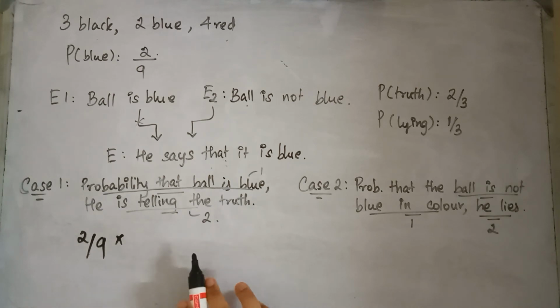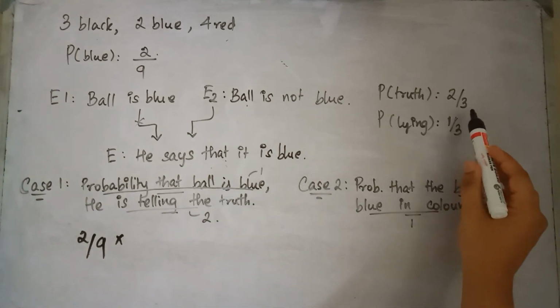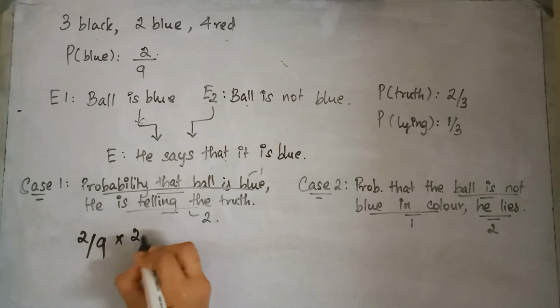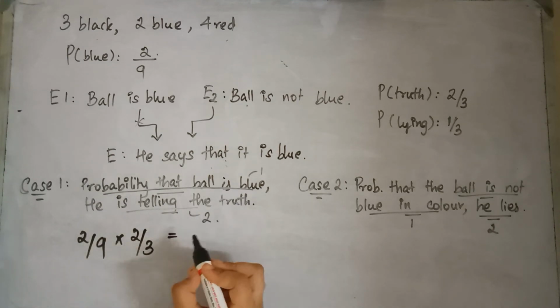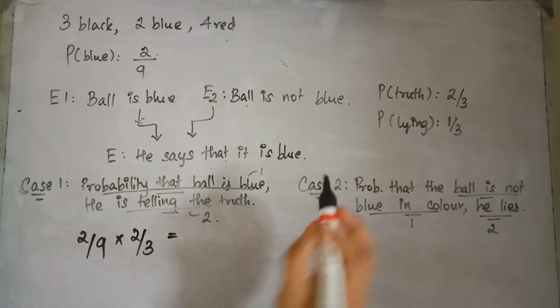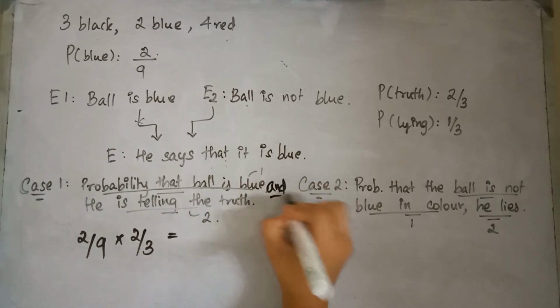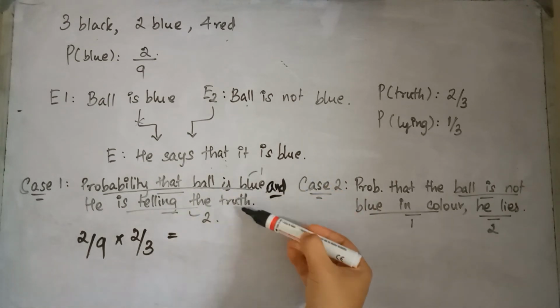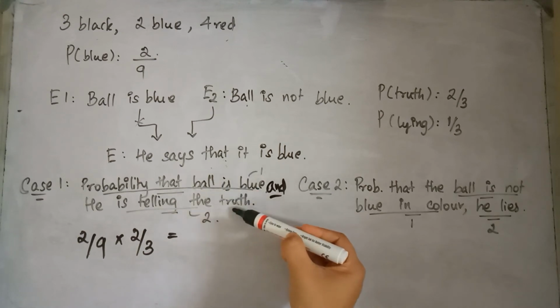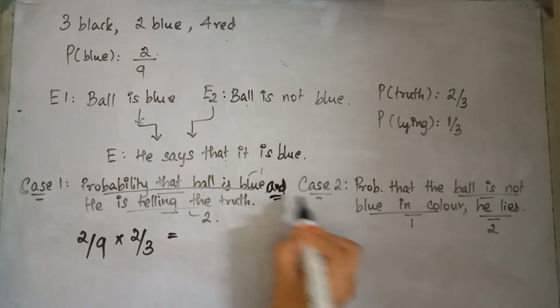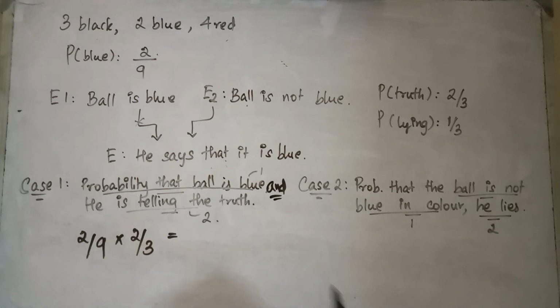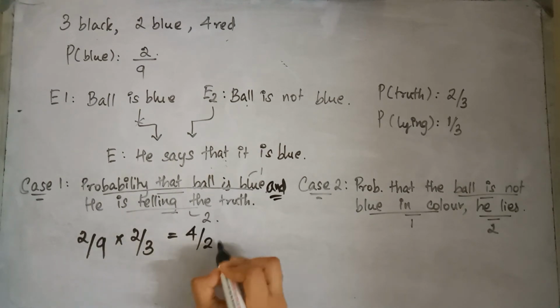What is the probability that he tells the truth? 2 by 3. So let's multiply both the events together. Why? Because probability that the ball is blue and there's an invisible and. Both events must happen. This and this. So like I've always said, whenever there's an and, it will be multiplication. We have 4 by 27.